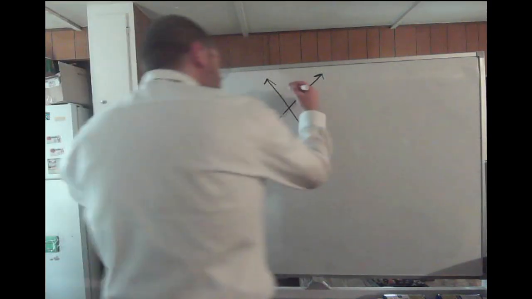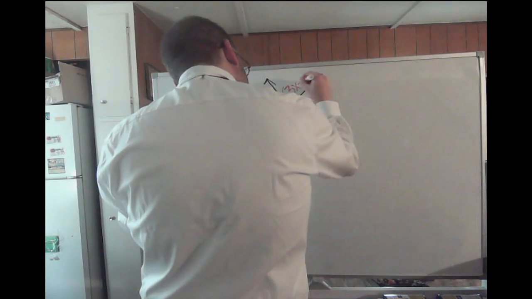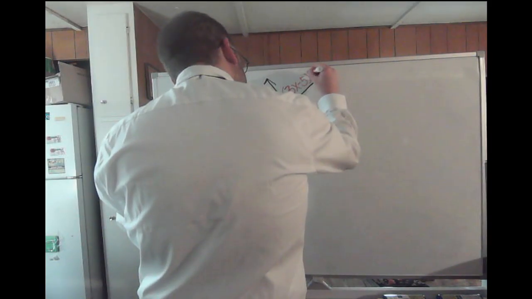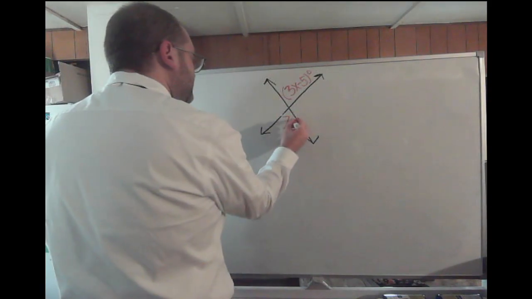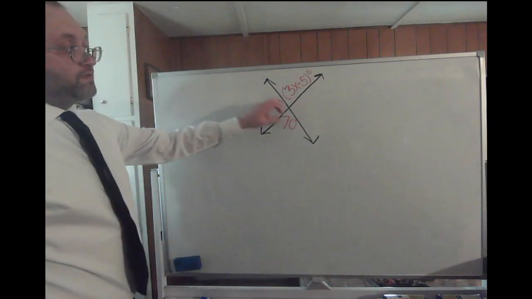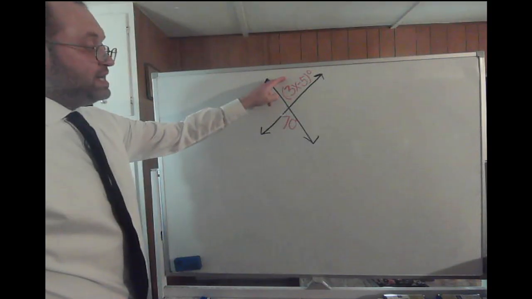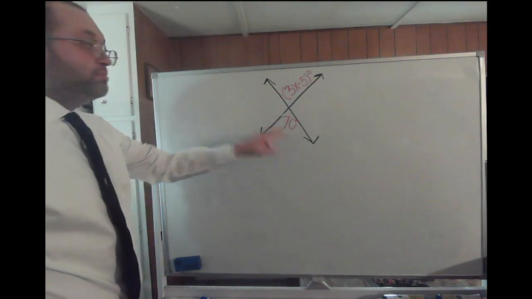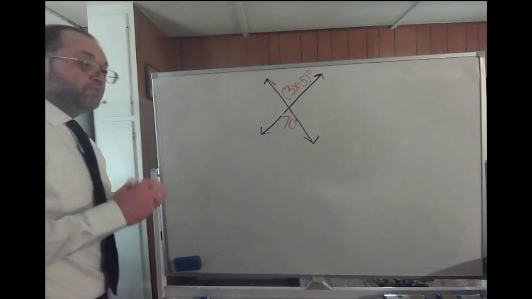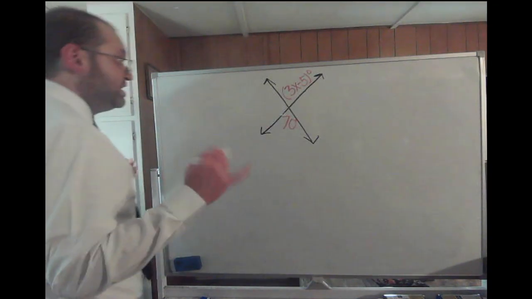So let's see. This angle here is equal to 3x minus 5 degrees. This angle down here is equal to 70 degrees, okay? We have 2 vertical angles here. We have 3x minus 5 degrees for the top part, 70 degrees for the bottom part. If we remember, vertical angles are congruent. So here's where algebra comes into play in geometry.